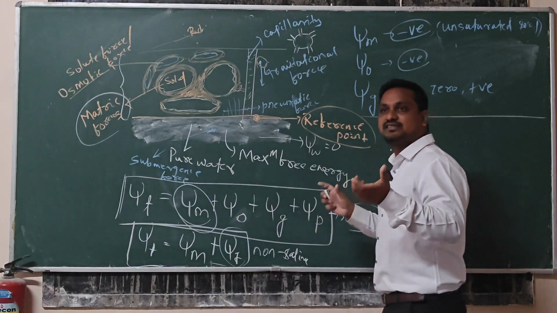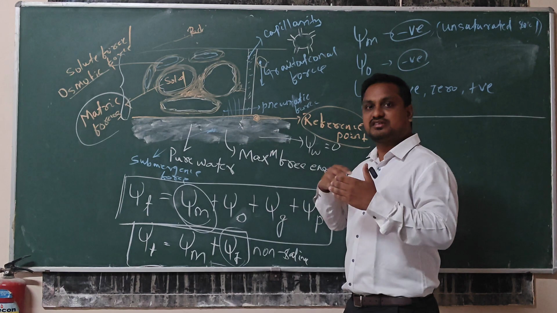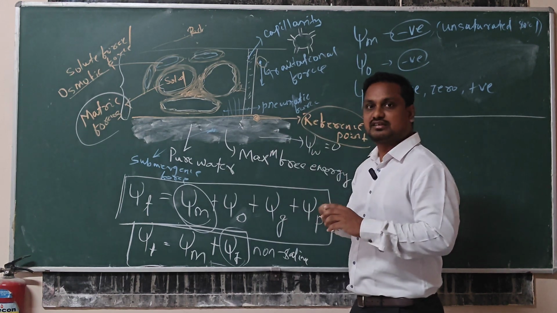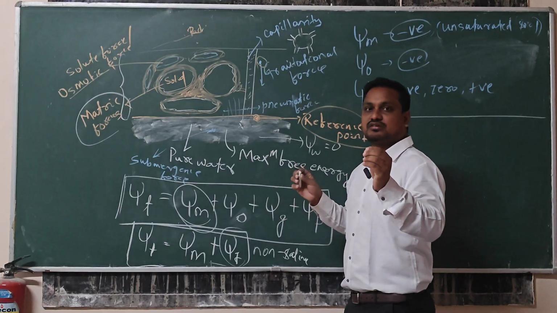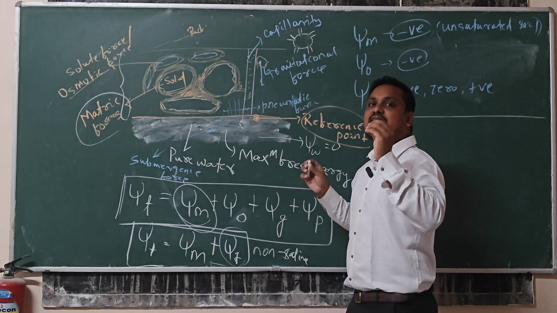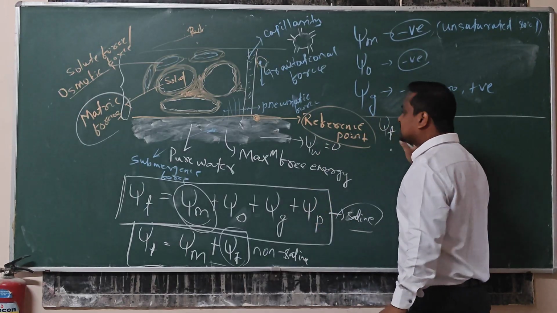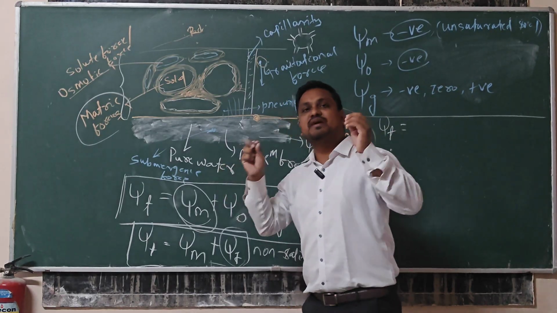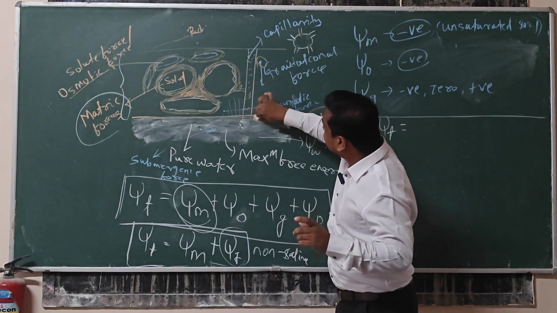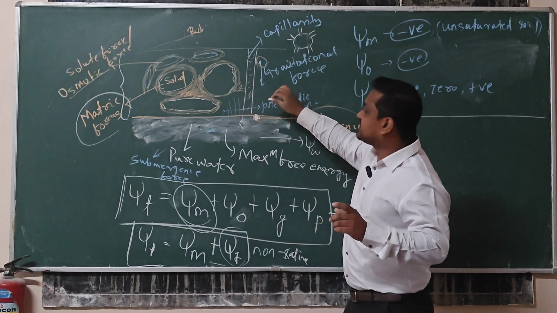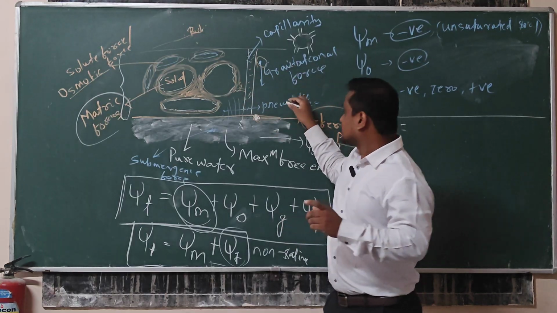Why are reversibly and isothermally written? Reversibly means this process is reversible. Isothermally means we are keeping the temperature constant. This is the total amount of work done to transport reversibly and isothermally an infinitesimal quantity of water, meaning a very small quantity, from a pool at a reference level to a point in the soil water.